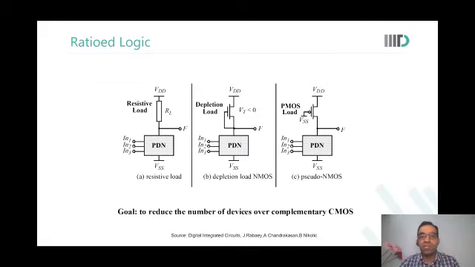Now, by using these always-on loads, resistances and depletion loads, what is the challenge that we expect? That the output will not go to pure zero. Cannot, because the PMOS is always on. Some current will come either from RL or the PMOS or the depletion load that we have put. Are you with me on this? Any questions still here?